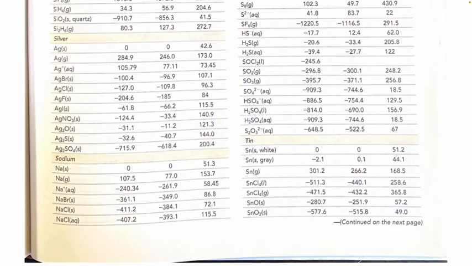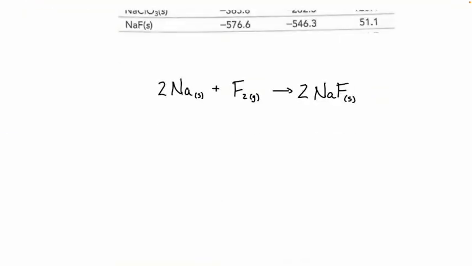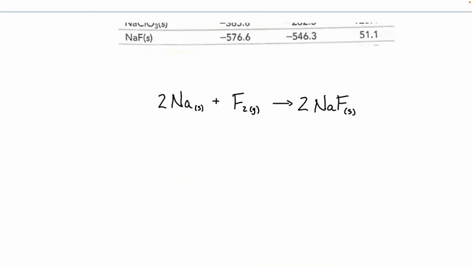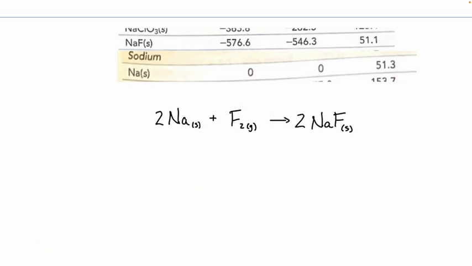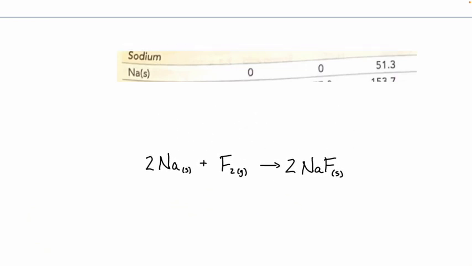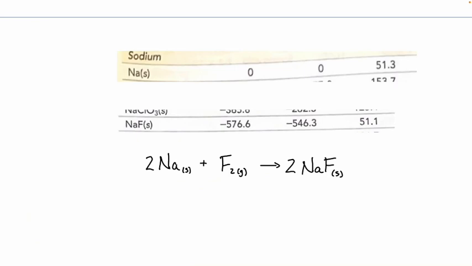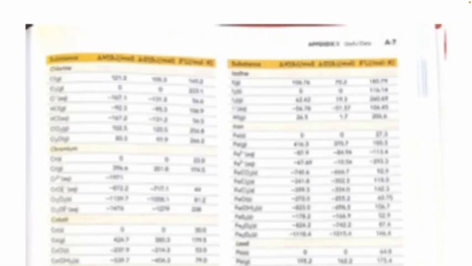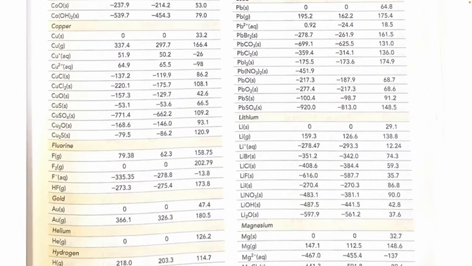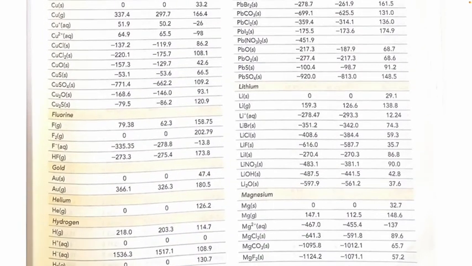I started out with solid sodium, so that's what I'm going to use. All right, and now I just need my fluorine gas. A, B, C, D, E, F, G. Cool. So that's that value there.